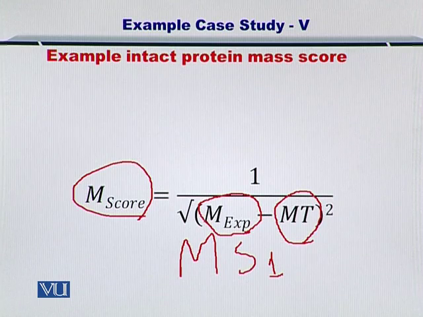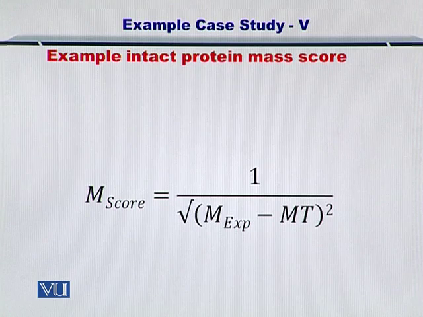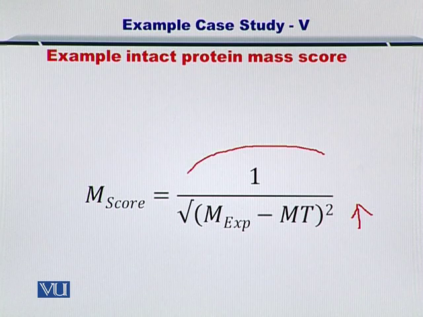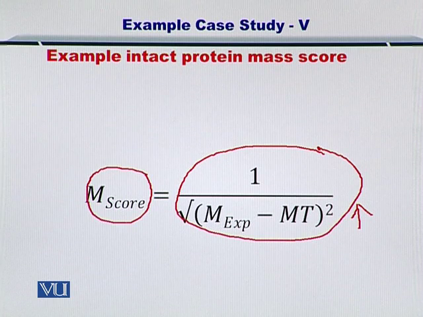So if this number is small, then it means there is a good chance that the experimental protein is the same as the protein that you are currently looking at from the database. So if this number is large, then it means that this error is large and the score would become small. So therefore, you will get a small score for the MS1 data.